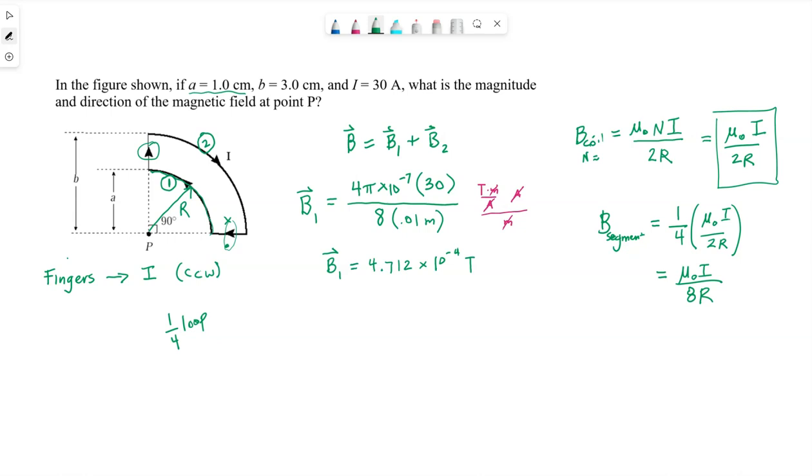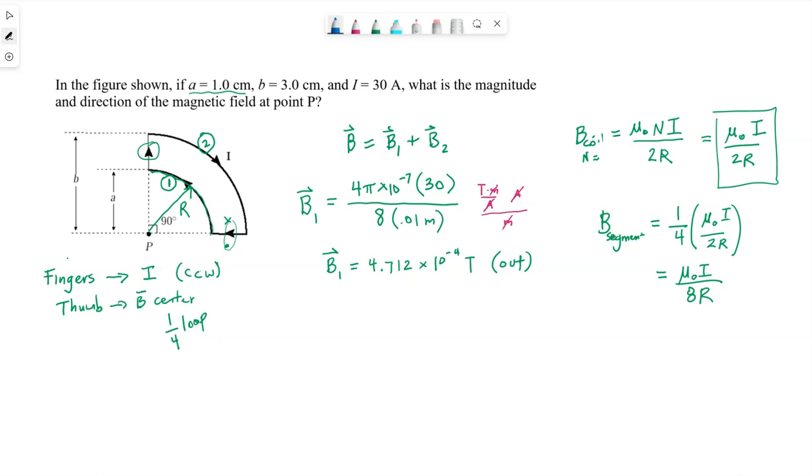When I do that, my thumb points towards me. That represents the direction of the magnetic field, specifically in the center of the loop. But point P is in the center. So this magnetic field points out of the screen towards me. Or if we use a traditional Cartesian coordinate system, it points in the positive z direction.